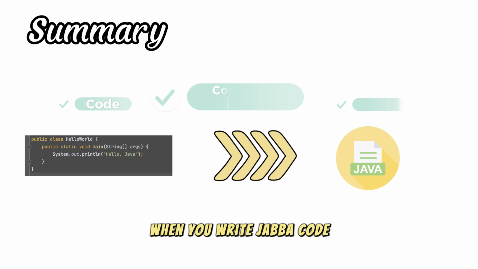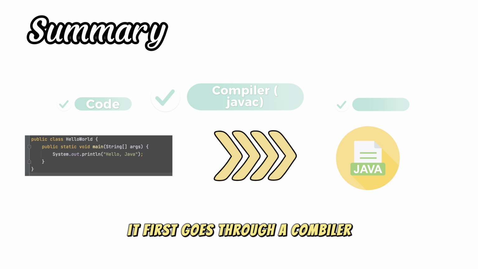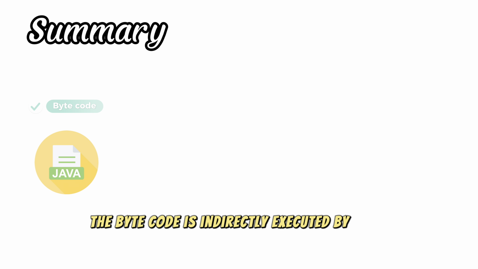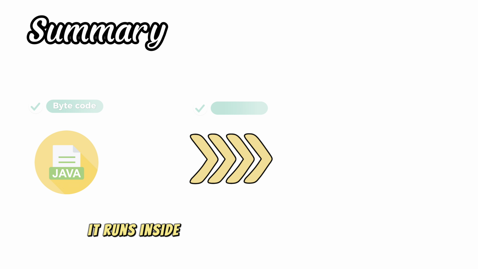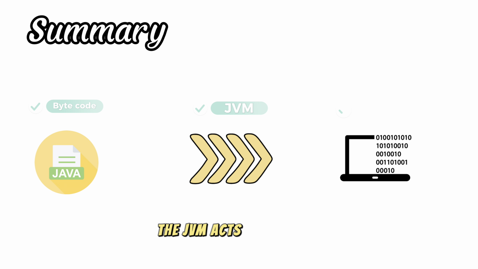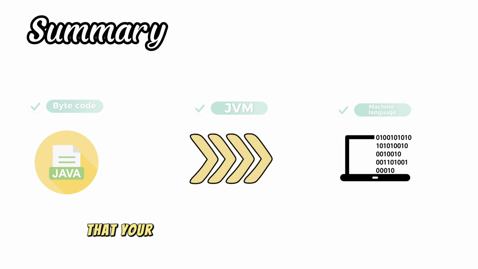So now you know that when you run Java code, it goes through multiple stages. When you write Java code, it first goes through a compiler, which translates it into bytecode. The bytecode isn't directly executed by your computer. It runs inside the JVM, the Java Virtual Machine. The JVM acts as a bridge, converting bytecode into machine language that your computer can actually understand.